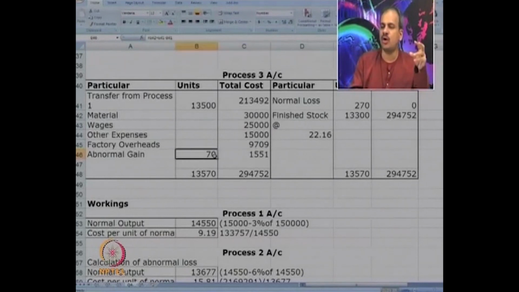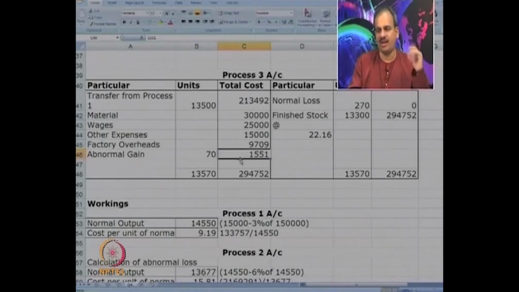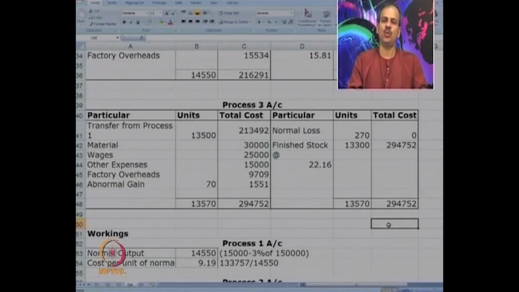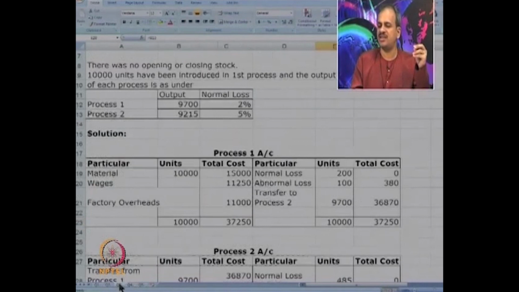So right now we will show on the debit side 70 units, 1551, on the credit side normal loss of 270 and finished goods of 13,300 at the rate of 22.16. So 13,570 units at 294,752. Is it clear?